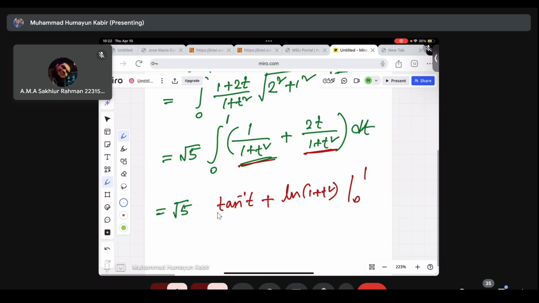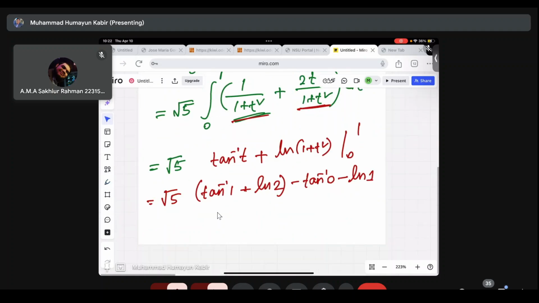So now put the limits. If you put the upper limit, tan inverse 1 plus ln2, minus tan inverse 0 minus ln1. What is the value of tan inverse 0? Any idea? Tan inverse 0 is 0, yes.